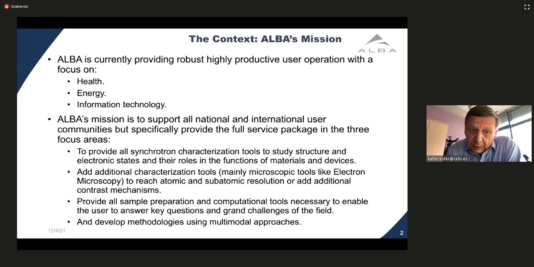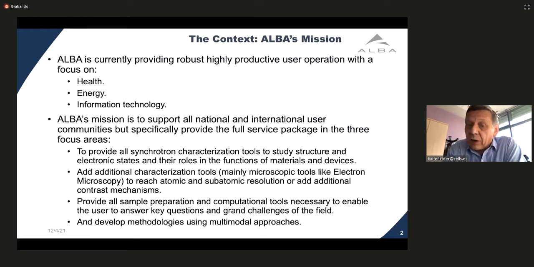And then we have also recognized that with this kind of increased complexity of the problems we want to study, we need to have a much better organization and additional support for sample growth and also for computation. So that's another focal area where we want to grow.